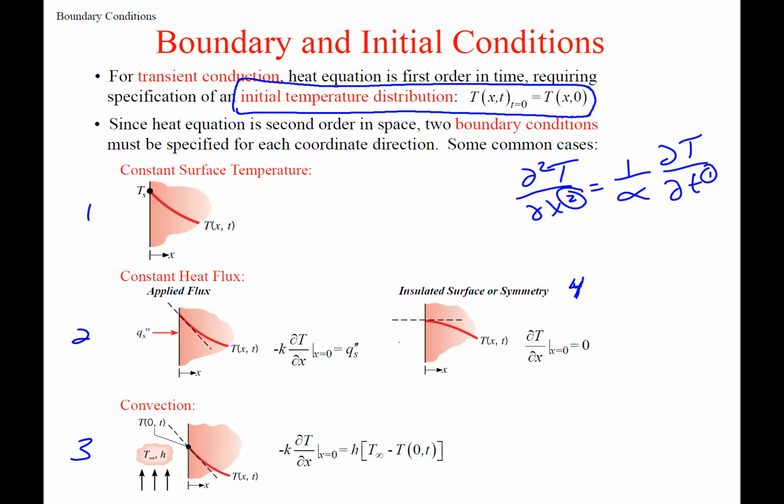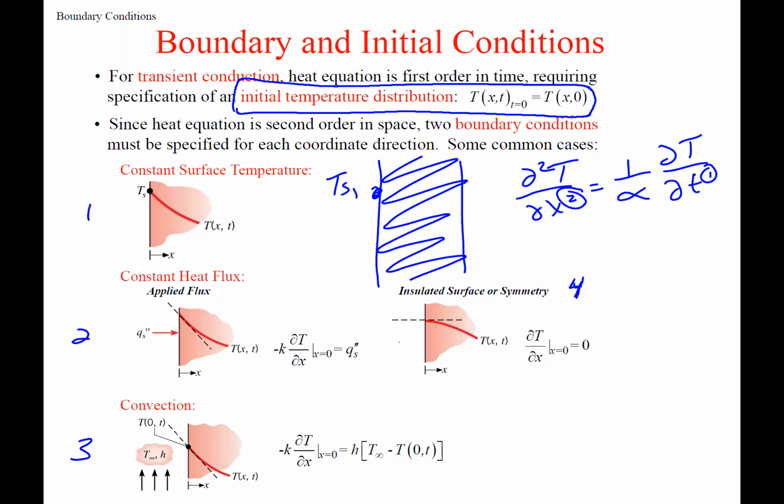This is if we had a wall, let's say, or a block of wood or block of metal, and at time 0 it's all at the same temperature. Then at any time after that, at 1 second, 10 seconds, 100 seconds, we apply a constant boundary temperature here. So it has a surface temperature right there that stays the same no matter what time. And we have a different one on the other side, surface temperature 2.